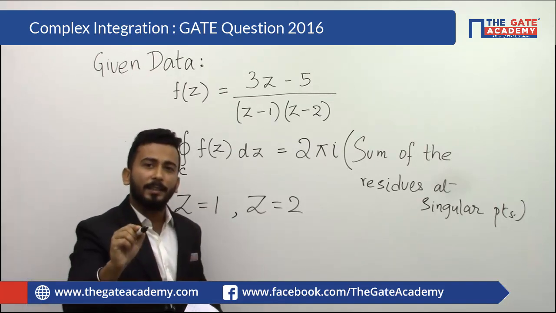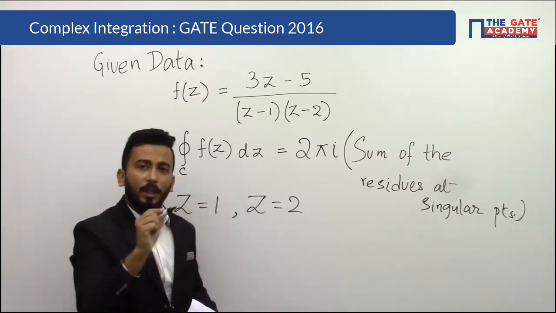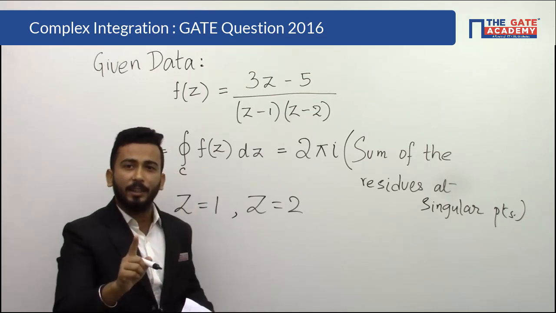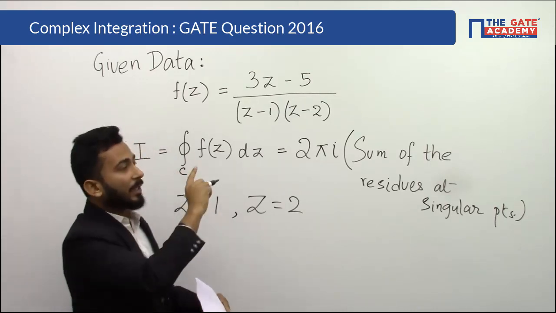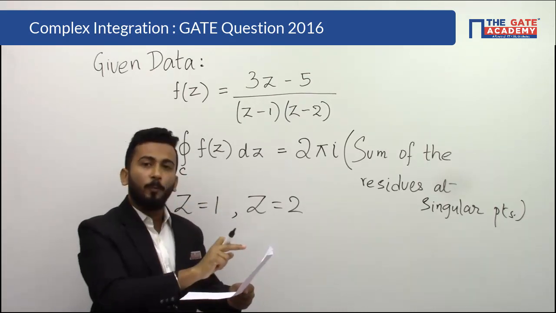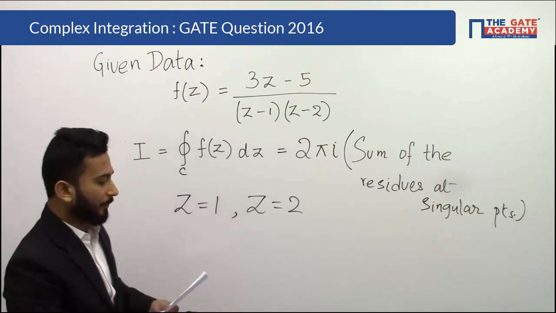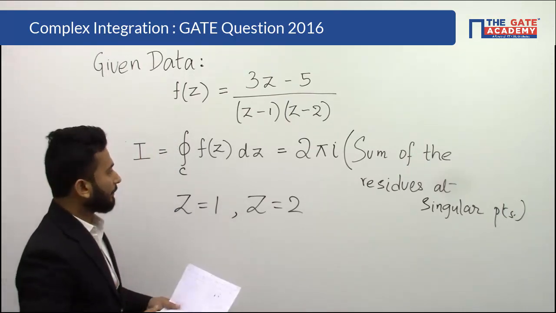Now we will calculate the residues for each of the singular points, do the integration, and then see if it is coming equal to 4 pi i or not. So let us see that.